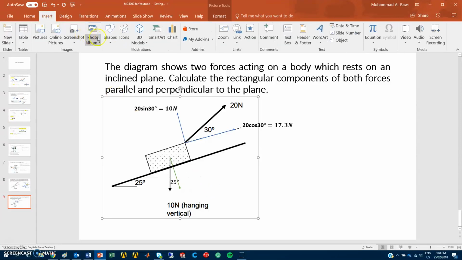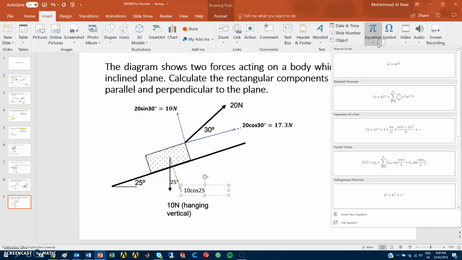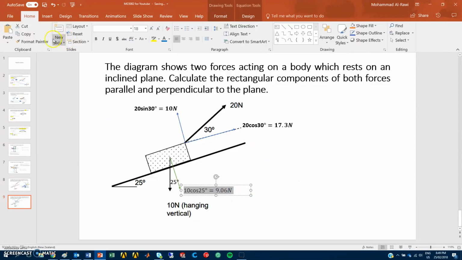Therefore, to find this force in that direction will be 10 newtons, and that's because it's going towards the angle, so it will be cosine 25, and make sure to add the symbol for the degree. And if you solve that using your calculator, 10 cosine 25 degrees will be 9.06 newtons. So that's the answer for this force.